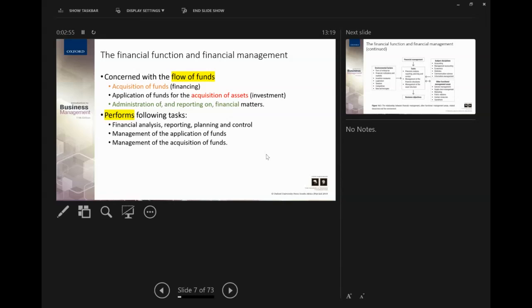As financial managers, you would be managing how much we are going to put towards the acquisition of assets. Finally, the third point is the administration of and reporting on financial matters.